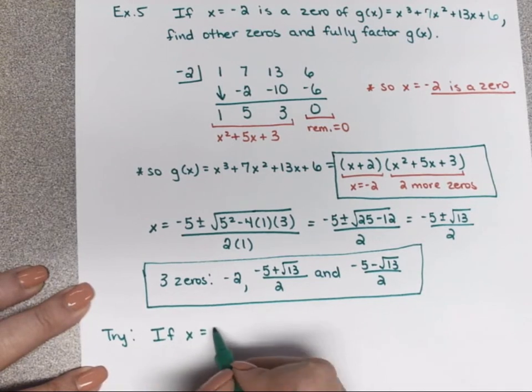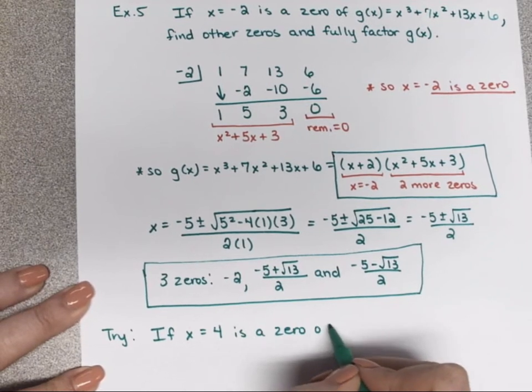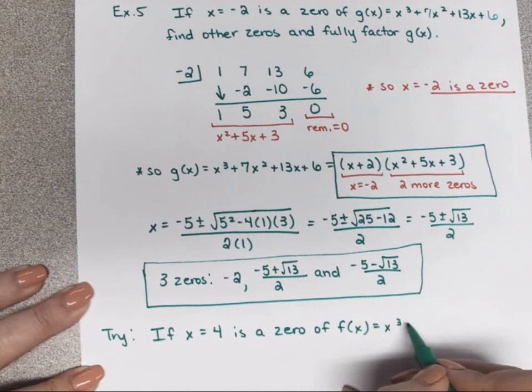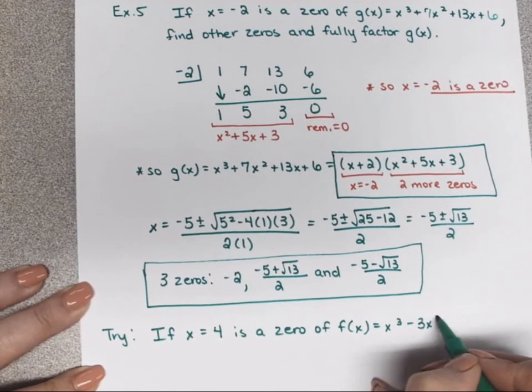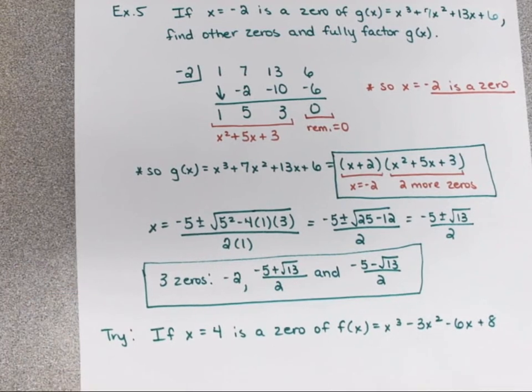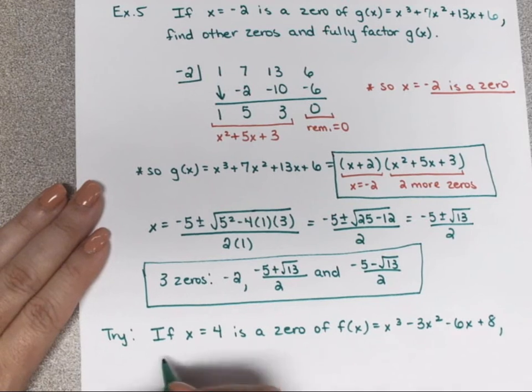Let's say that I tell you that x equals 4 is a zero of the following function: x cubed minus 3x squared minus 6x plus 8. I want you to find the other zeros and factor it.